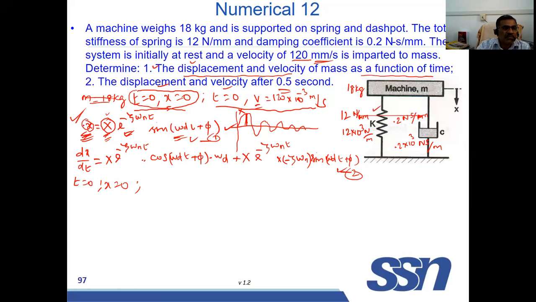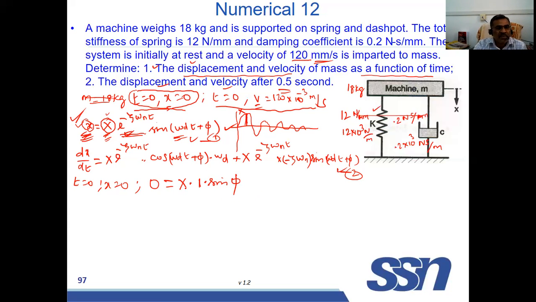The exponential term will be 1, so 0 is equal to X into 1 into sin phi. So this will be the equation.